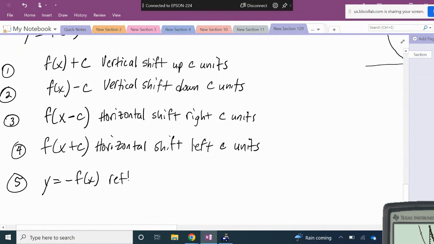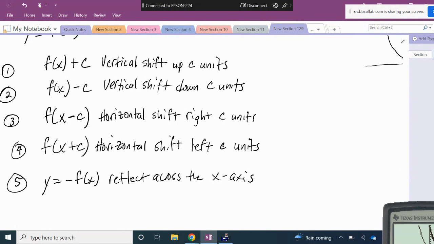And this is to reflect across the x-axis, excuse me. This is how you would reflect a function across the x-axis.